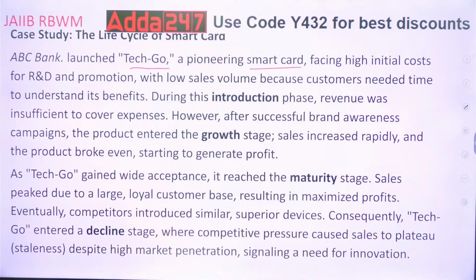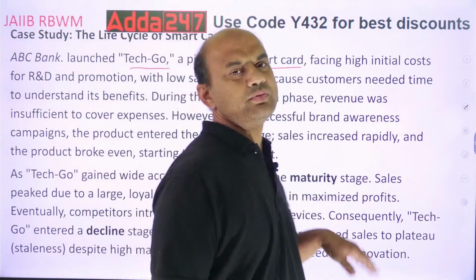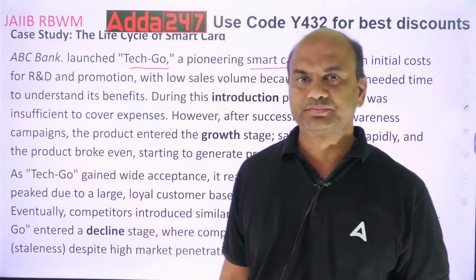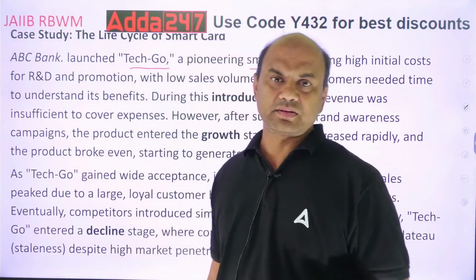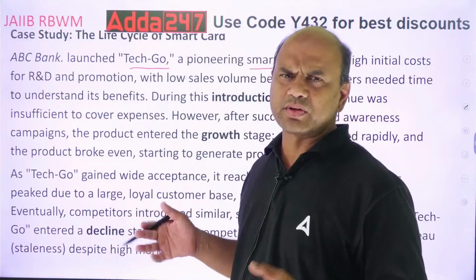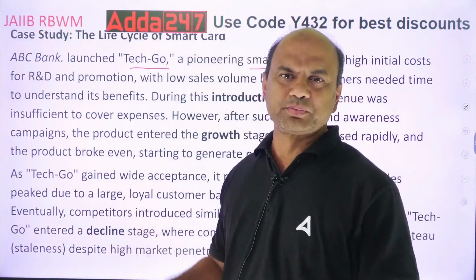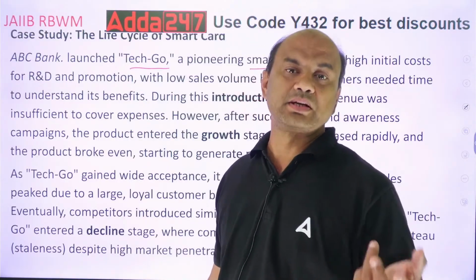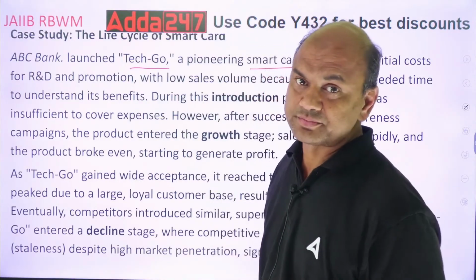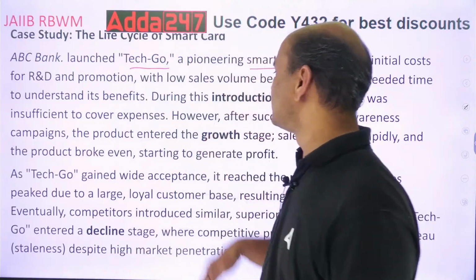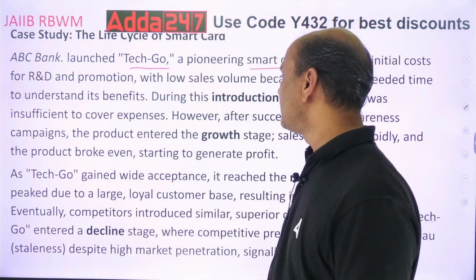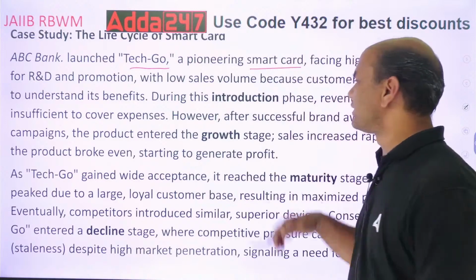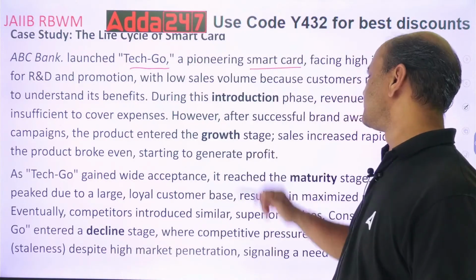Okay. So first was the introduction phase where you introduce the product. After introduction, what happened? Obviously at introduction, you'll have to invest more. People don't know about this product, so they will not buy immediately. People are resistant to change. However, after successful brand awareness, it entered a growth stage.